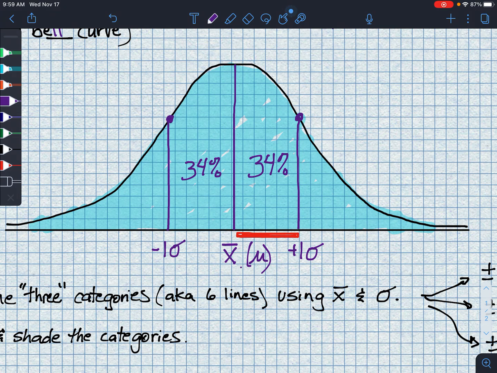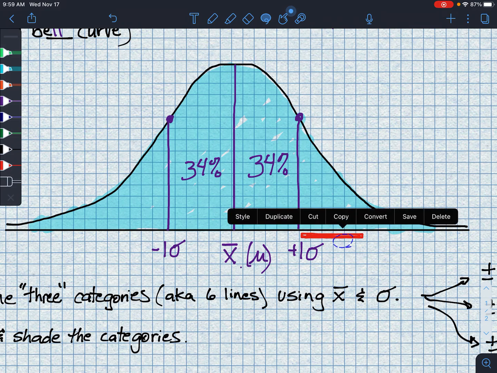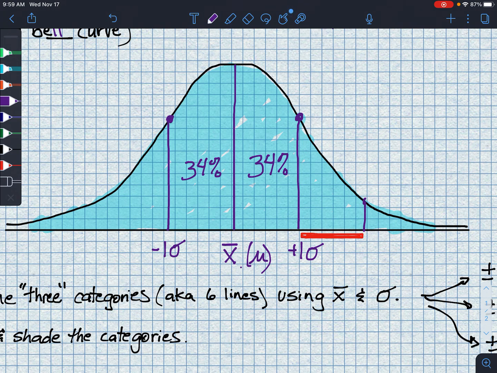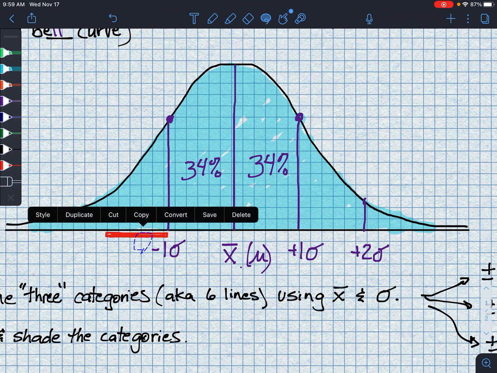Now, using that same horizontal distance, I'm going to move to the right again and make another point, roughly right there. That would be +2 standard deviations. And then I want to do the same symmetrically on this side.